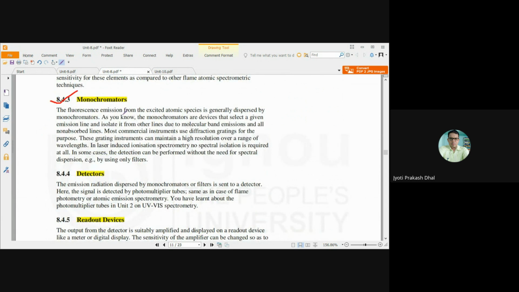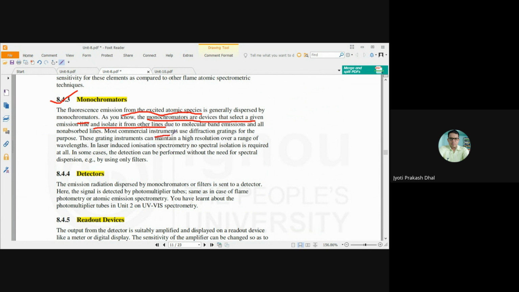The fluorescence emission from excited atomic species is generally dispersed by a monochromator. The monochromator is a device that selects a given emission line and isolates it from the other lines. So the monochromator selects electromagnetic radiation at a particular wavelength or frequency, and isolates it from the other remaining electromagnetic radiation.